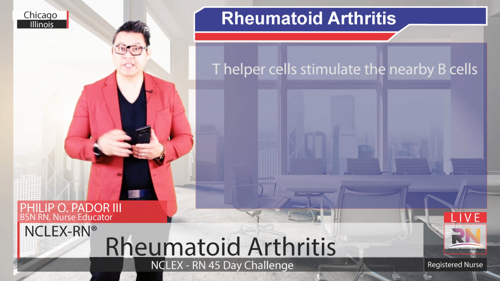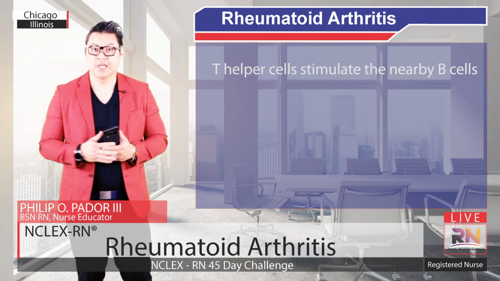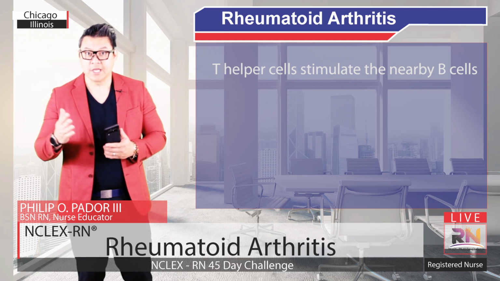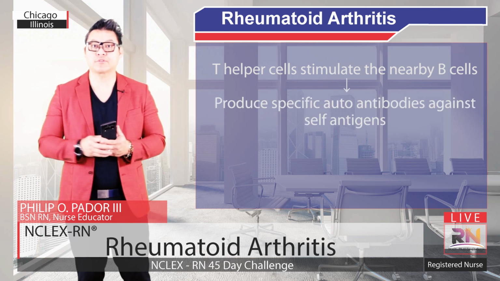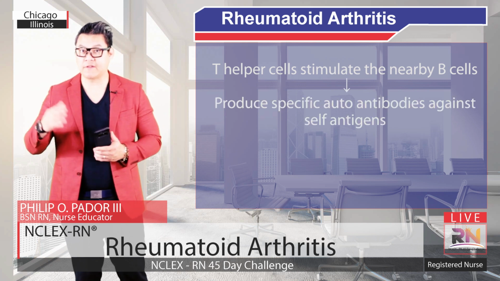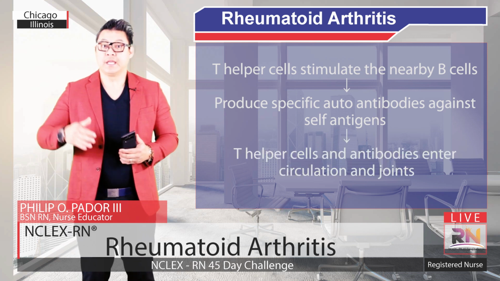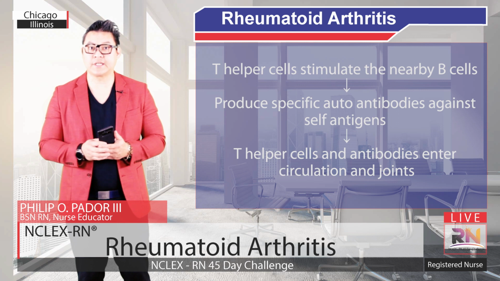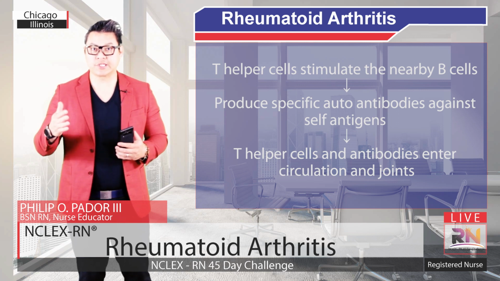T helper cells stimulate the nearby B cells to start proliferating and differentiate into plasma cells, which produce specific auto-antibodies against these self-antigens. In rheumatoid arthritis, T helper cells and antibodies enter the circulation and reach the joint.